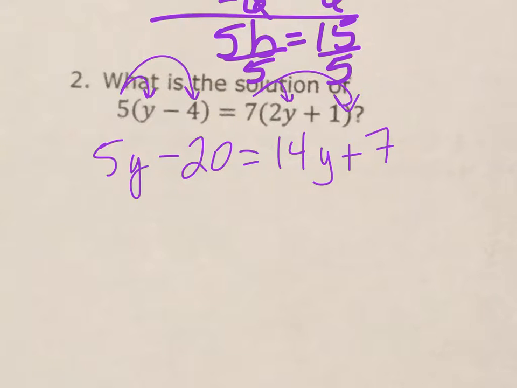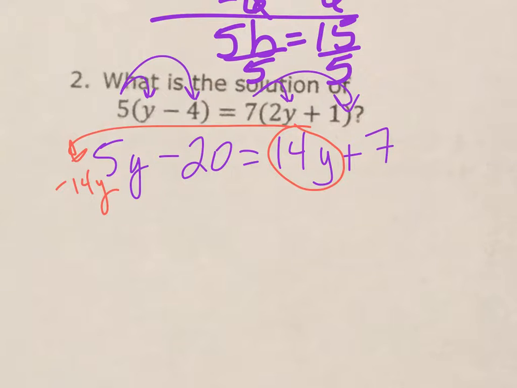I'm going to put the variables on the left and the numbers on the right. So I'm going to take this 14y and subtract it from both sides. It's going over here. Now it's negative 14y.